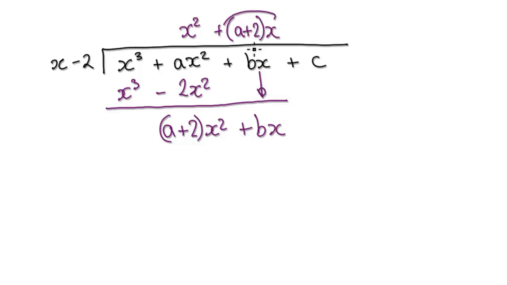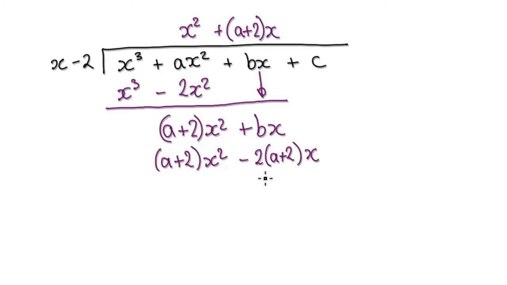So now this times this x here will then give me a plus 2x squared, and then this times this, that would be minus 2 times 2x. So that will then give me that, and then this take away this, so the whole thing disappears, and then it's this take away a negative thing, so it's going to be a plus.